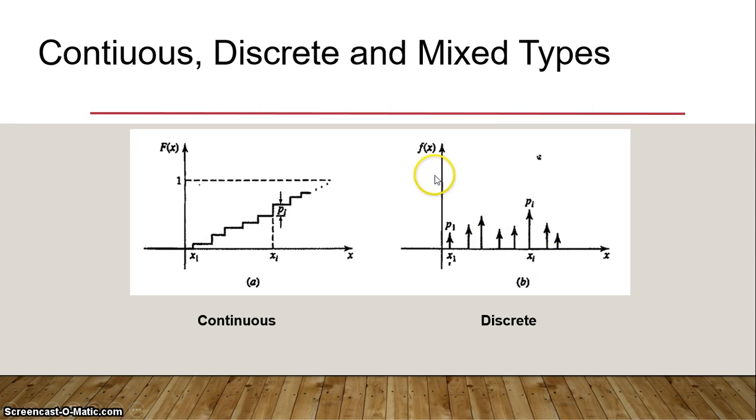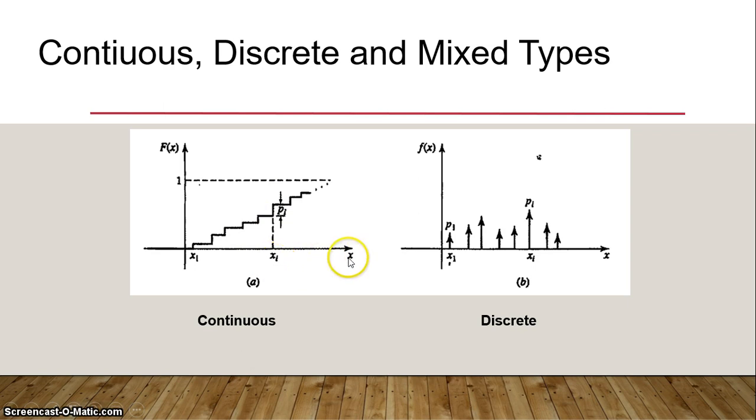Coming to the continuous and discrete, how will it actually look? The distribution function here is a staircase approximation function. It is slowly increasing, taking the value from some x1 to 1. If you take the width of any step, that will be the value of the probability of X at instant i.